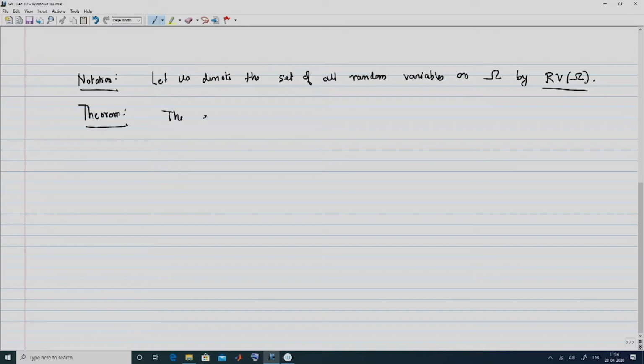So, the expectation function E from RV of omega to R is a linear functional. I will explain what I mean by linear functional, and I will say that more explicitly.